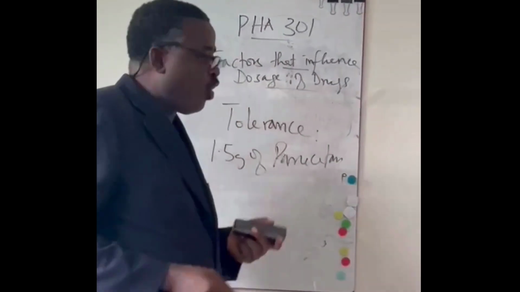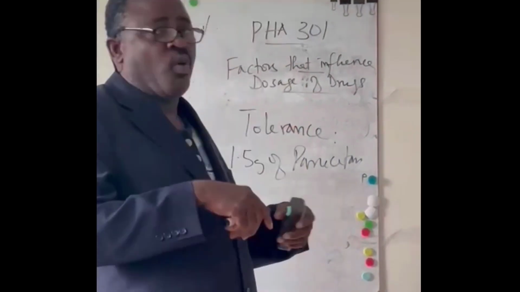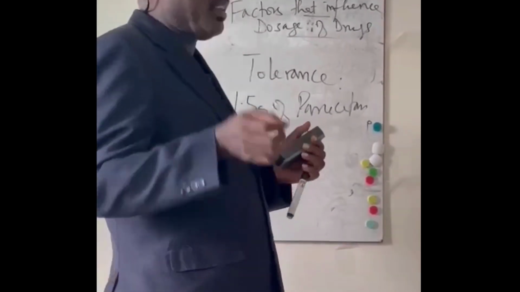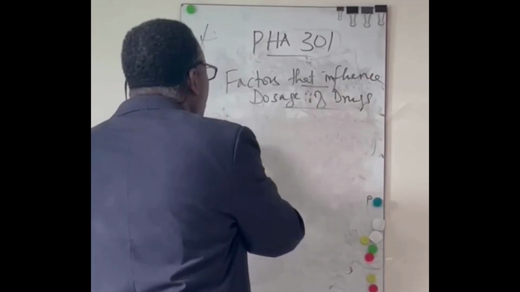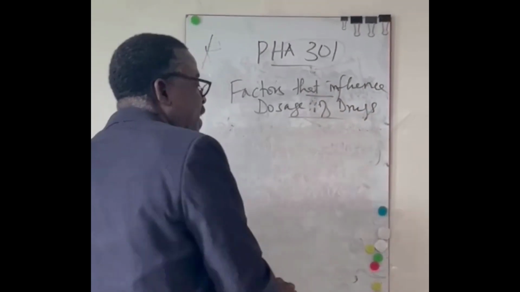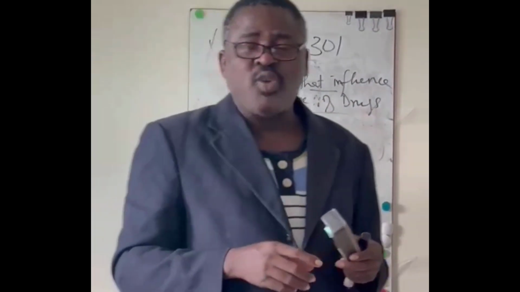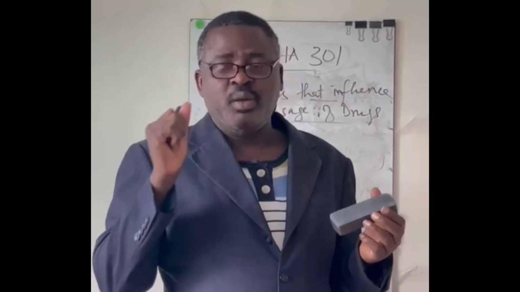It should be 1 gram. Because the person has taken this paracetamol for long, it's not working for him again. So you have to increase that dosage to make it work for him. So that is very, very important when you are determining the dosage of drug in every patient.